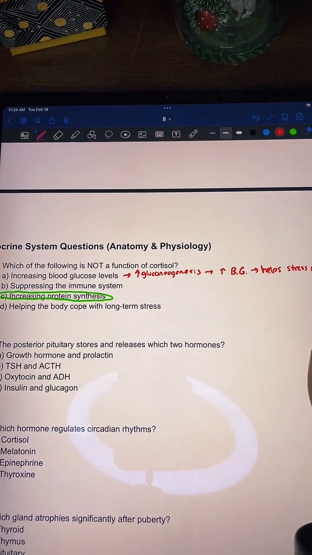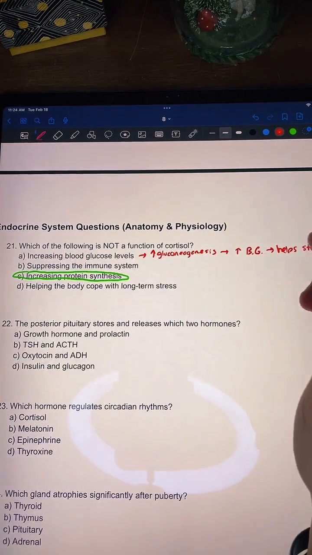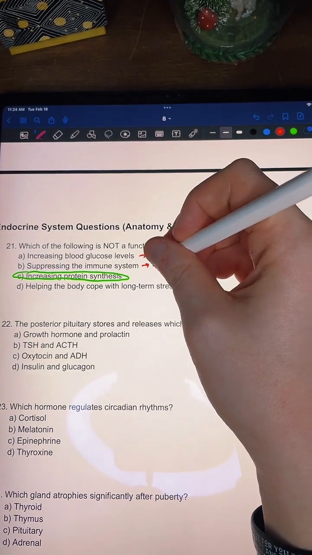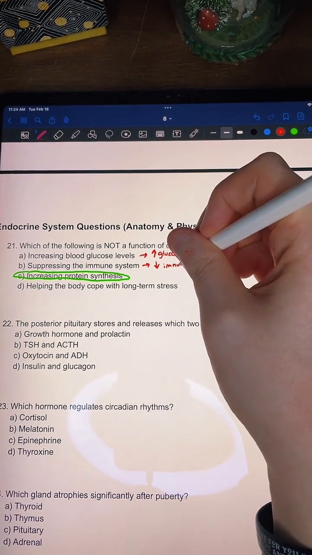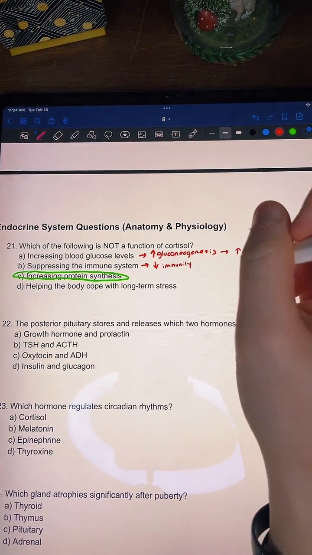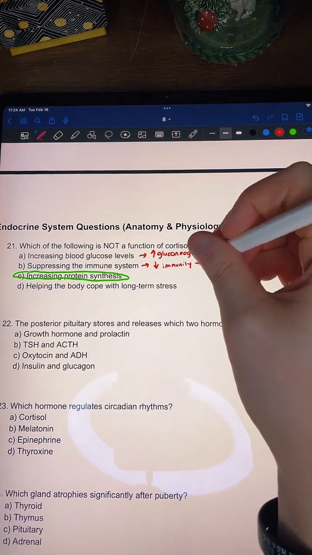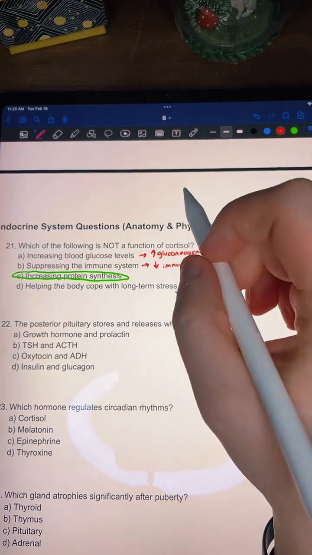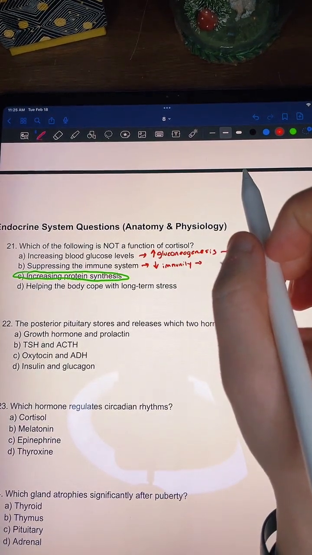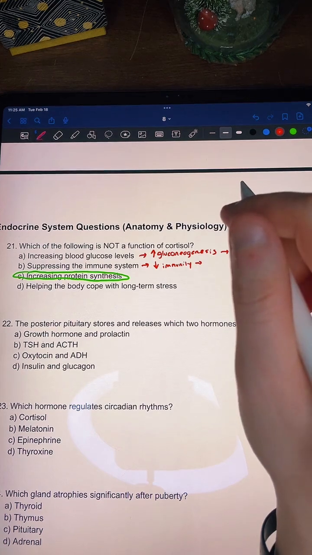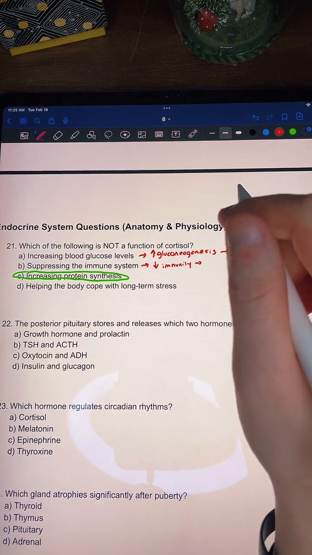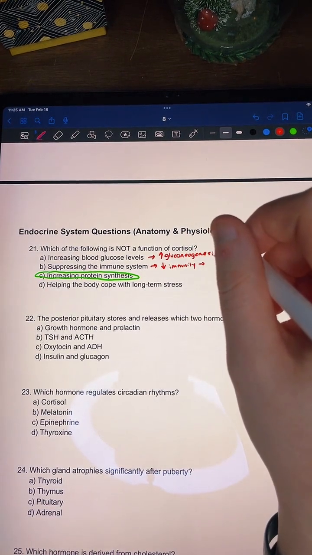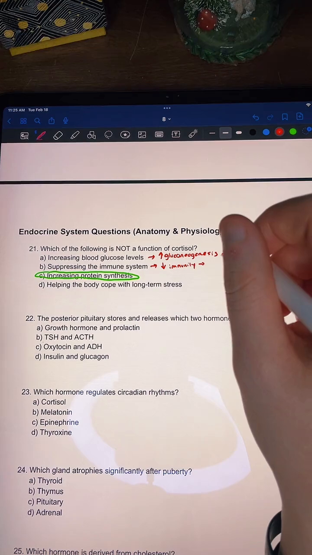It helps the stress response. Suppressing the immune system: cortisol does suppress the immune system. So that's why prolonged stress can lead to immune suppression. Helping the body cope with long-term stress: it's the stress hormone. So that would help with the stress, but it does not increase protein synthesis.